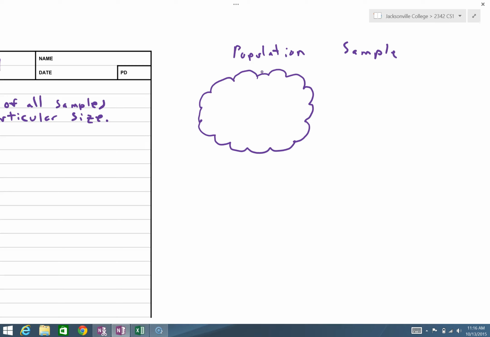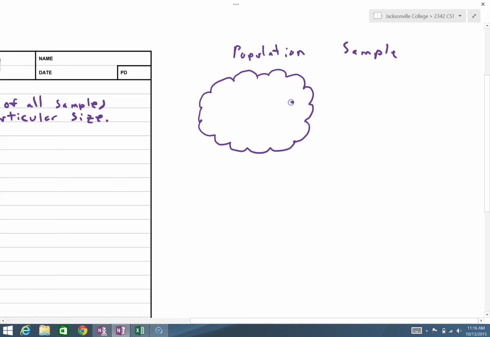Very often, for this entire population, it's hard or even impossible to learn everything about them. Even one particular thing, if we wanted to know the height of all adult American men, it would be virtually impossible to go out there and measure all of them. So what we do is we take a little subset of that.